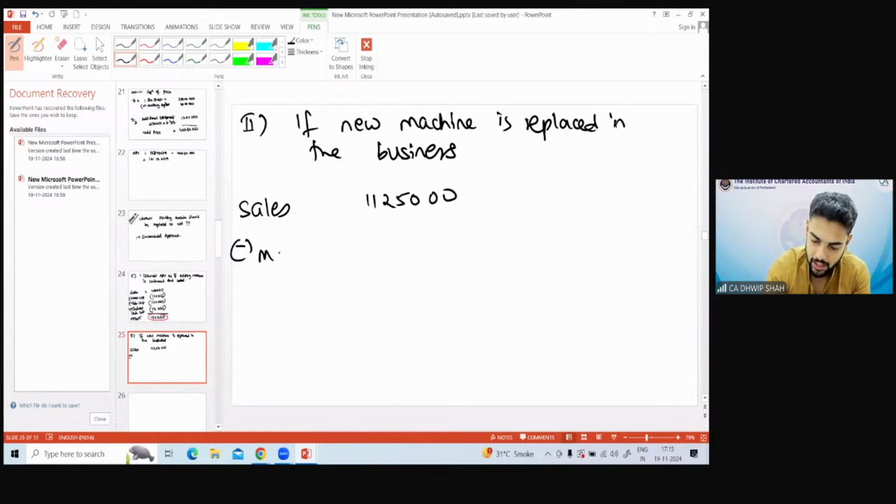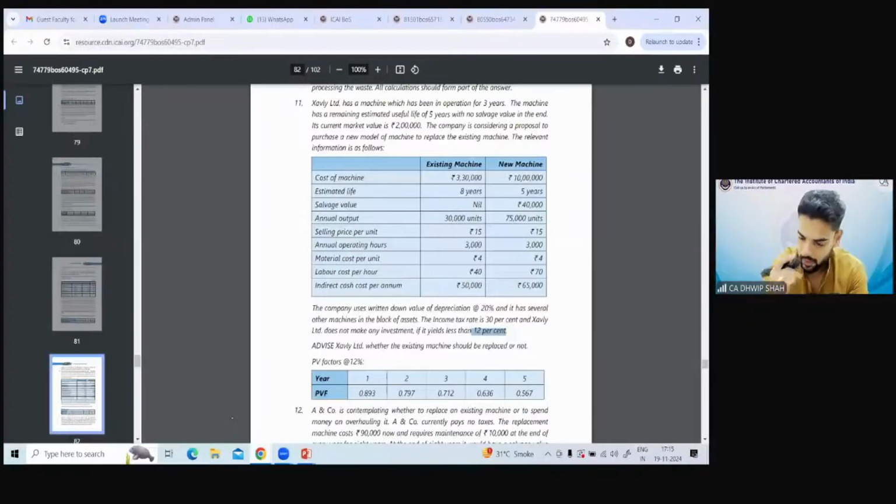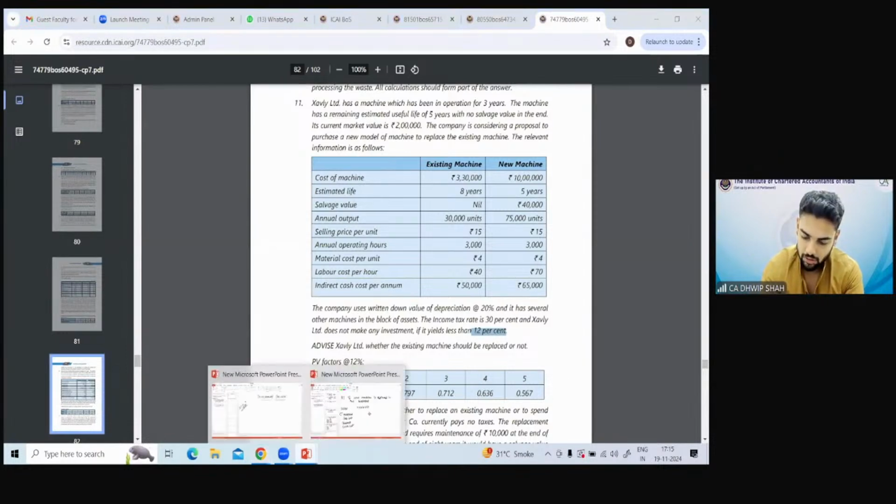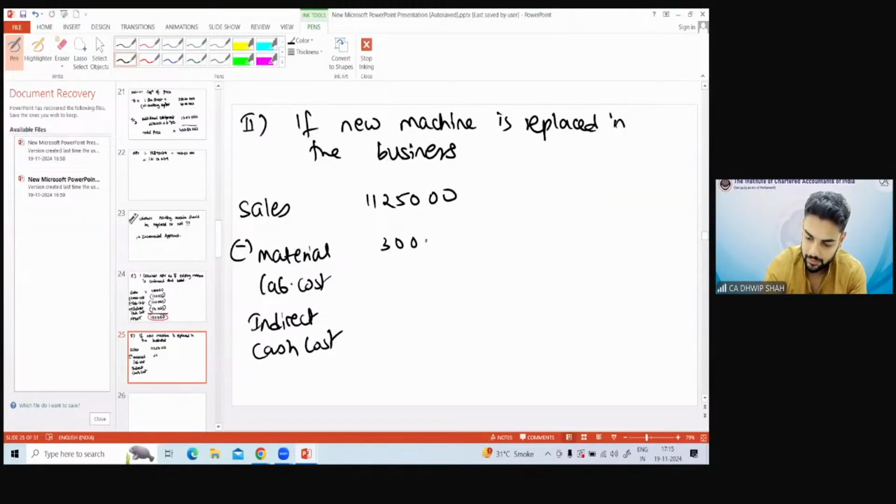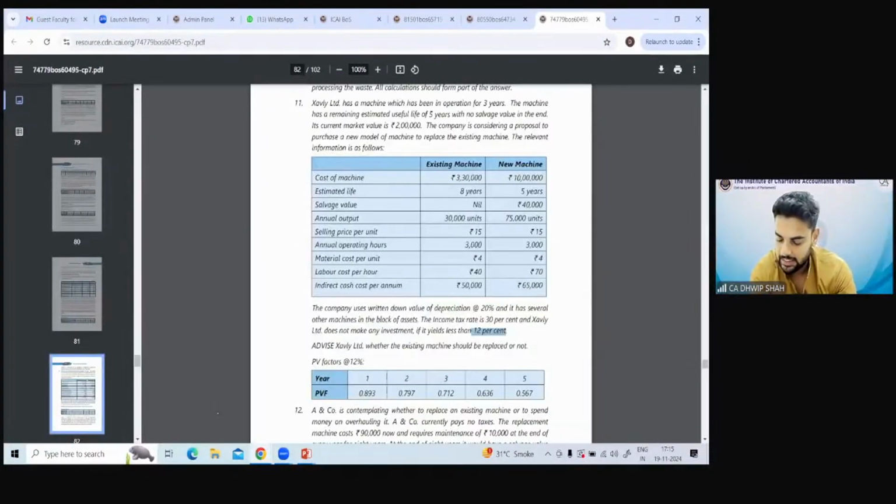less again material cost, labor cost, and indirect cash cost. So material cost, if new machine was used, then 75,000 into 4, which comes to 3 lakh. Labor cost, labor charges are 70 per hour and number of hours is 3,000.